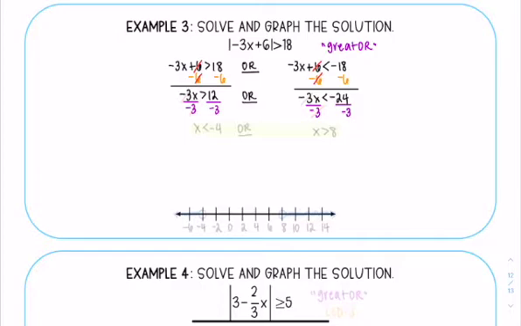And so it ends up canceling on the left-hand side. And because we're dividing by a negative number, we need to flip the sign. So we get x is less than negative 4, or we end up with x is greater than positive 8.